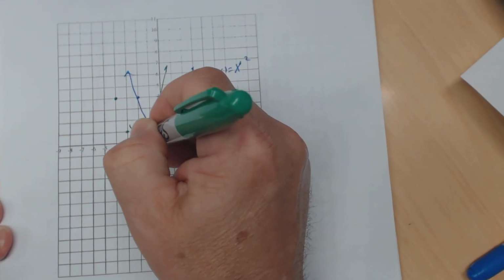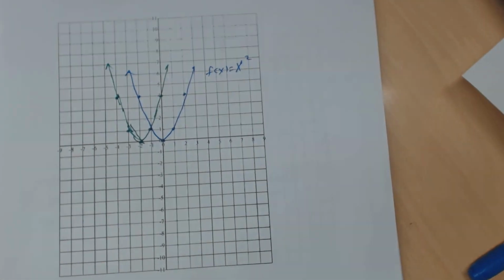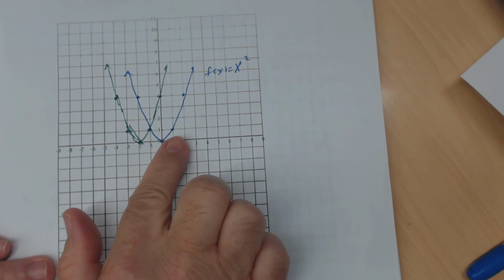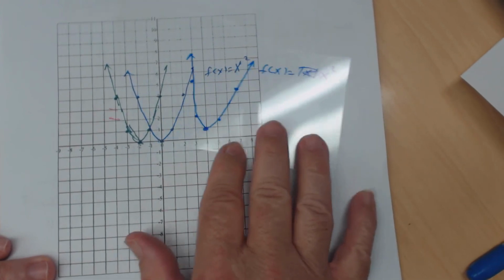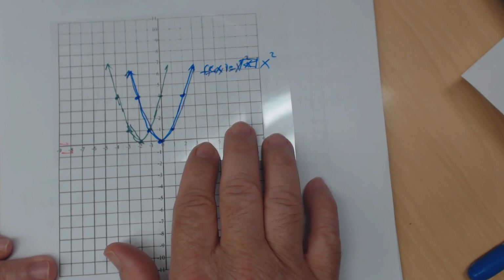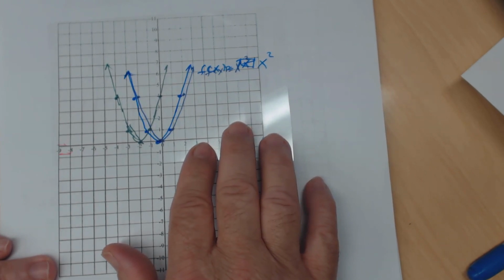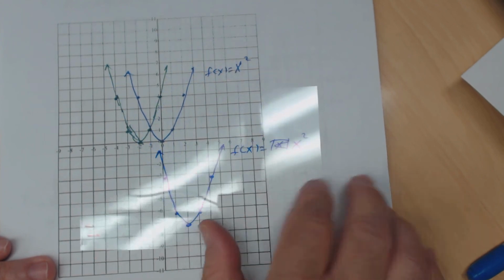Okay, just like this. And notice the blue. If you shift it 2 units to the left, I get the green. So let me show you again. This is x squared. If I take x squared, just like this, and move it 2 units to the left, 1, 2, I get the green. Okay?